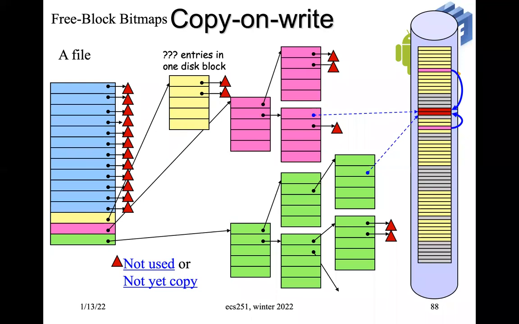And how do I actually do the background FSCK? In fact, it uses the first concept we talked about on Tuesday, the snapshot. When the file system crashes and you want to use the machine again, when you turn on the machine, the first thing you do before you allow the user to use the file system is take a snapshot. After you take a snapshot, you run FSCK on that snapshot.